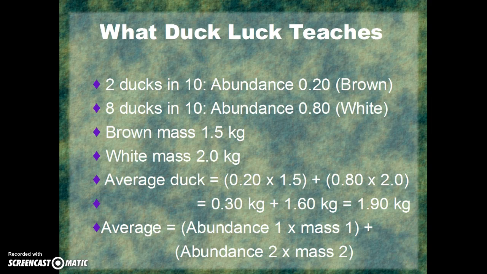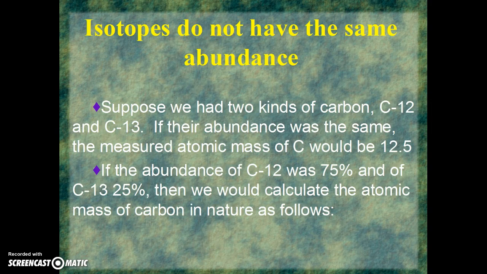It's a weighted average of 2 ducks with different masses and different abundances. Again, whenever we need a weighted average, we take the abundance of the first times its mass, and we add the abundance of the second times its mass, plus the abundance of the third times its mass, and so forth. And all of those added together will give you the weighted average.